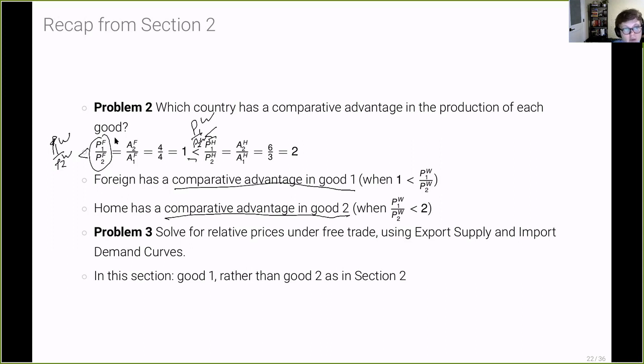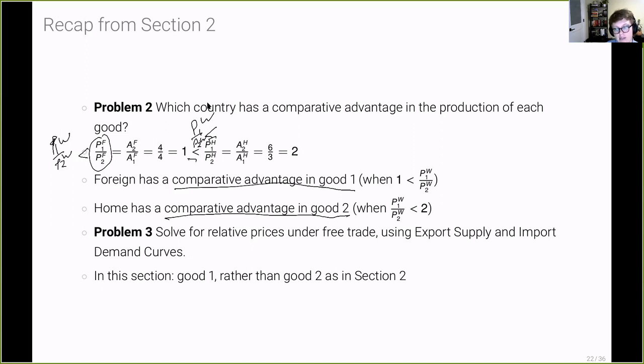Now, when I open up to trade, and suppose I'm foreign, if I am able to produce good one at this relative price, and the world's price is higher than that, then relative to the world, I'm going to be able to produce more of good one for losing less of good two than I would if I just traded on the world stage.